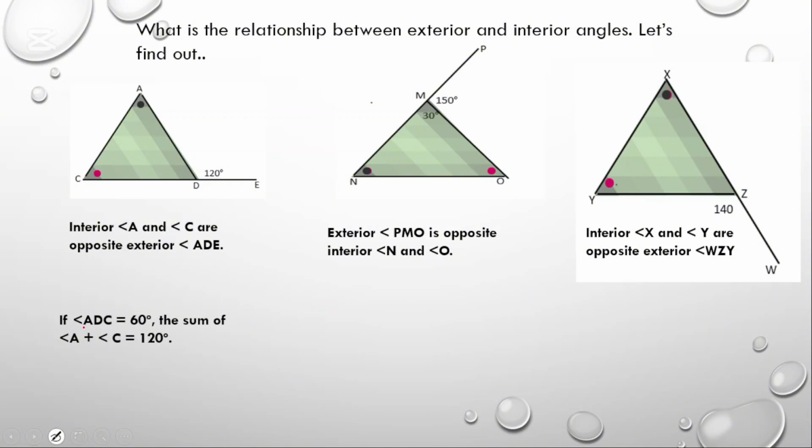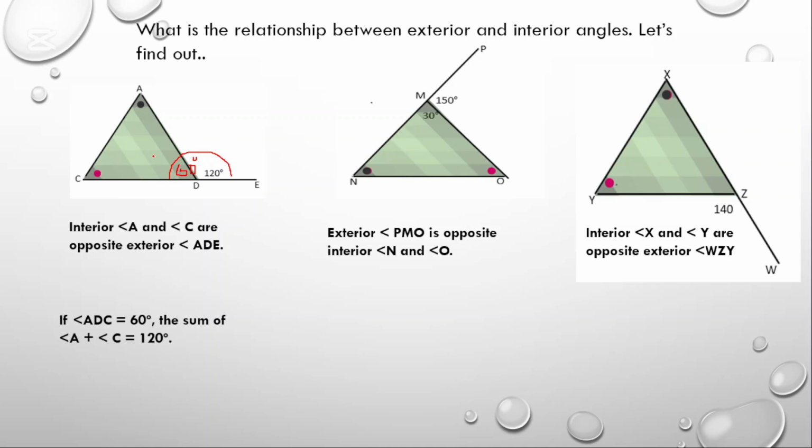Okay. If ADC is 60, now you know already that three angles of a triangle add up to 180, but you also know that the two adjacent angles add up to 180. So if this one is 60, right? If that one is 60. Now I don't know the size of A, I don't know the size of C, but I know that if I subtract this 60 from 180, I will get 120.